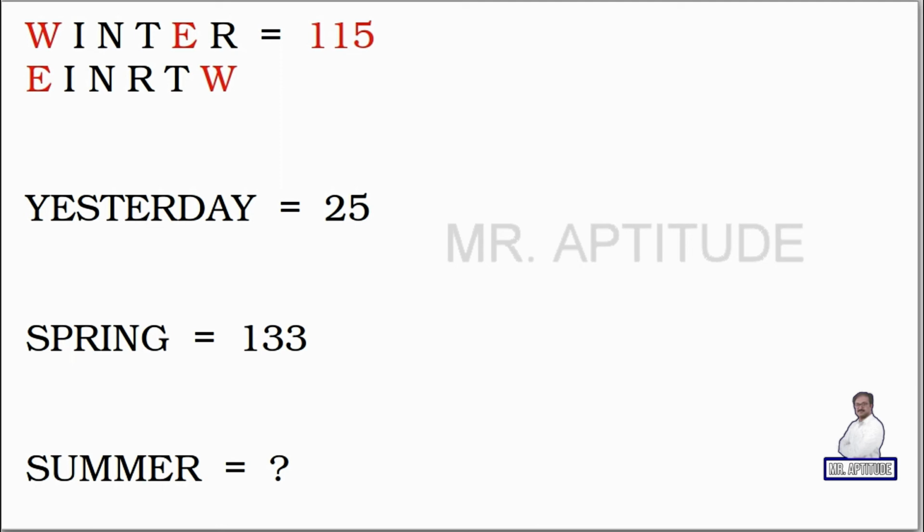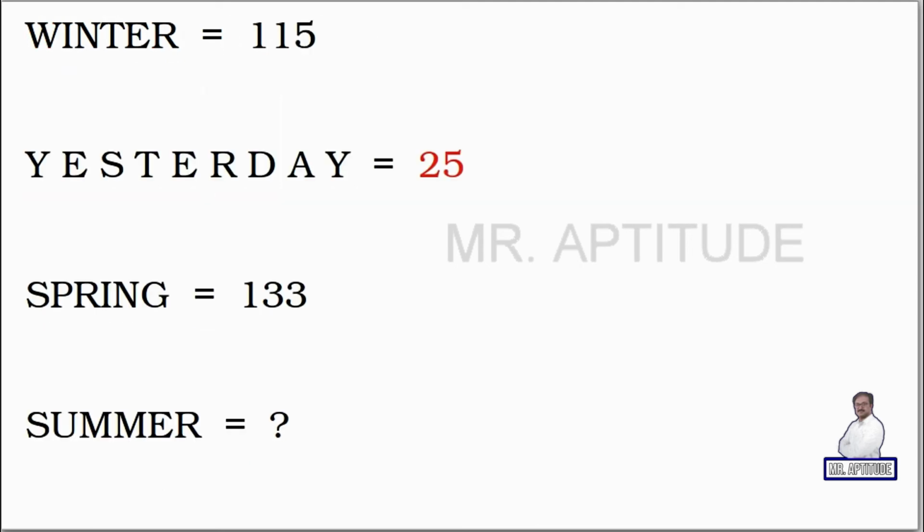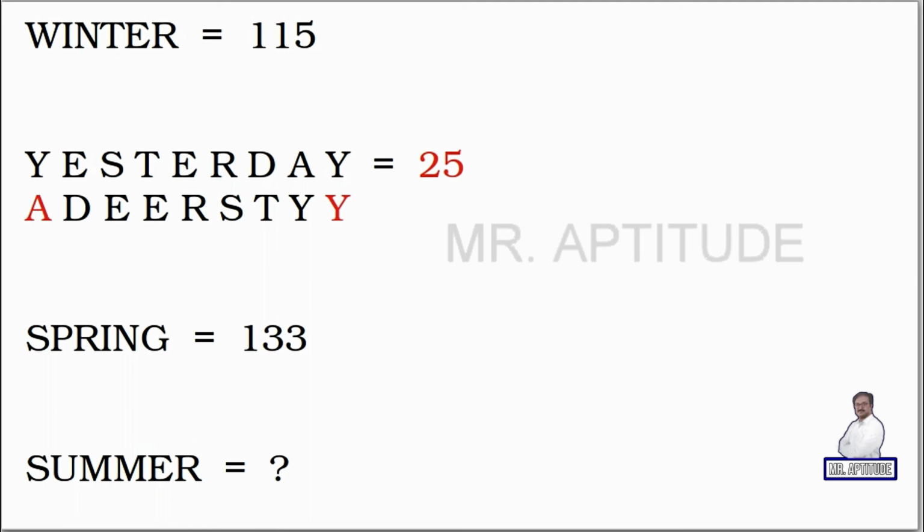In the same way, let us look at the next word, yesterday. When you arrange all the letters of the word yesterday in alphabetical order, A comes first and Y at the end. First letter's place value multiplied by last letter's place value. A is 1, Y is 25. 1 25 times gives you 25.